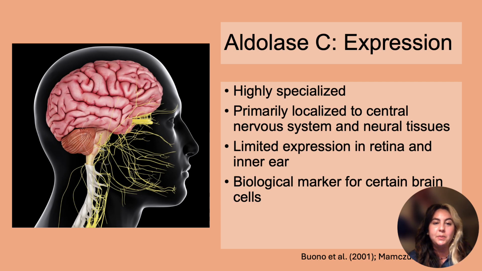Certain neuronal populations and regions are going to exhibit particularly high levels of aldolase C. What this suggests is that there are specialized metabolic requirements throughout the nervous system. In those places where you're seeing high metabolic demand, you're going to see a higher population of these aldolase Cs. That's why it's important to be able to use aldolase C as a biological marker, so you can identify compartments of the brain and nervous system that are producing a lot of energy and consuming a lot of energy.